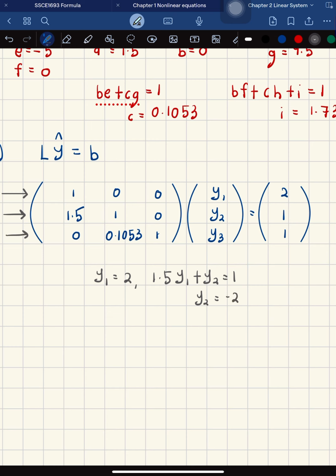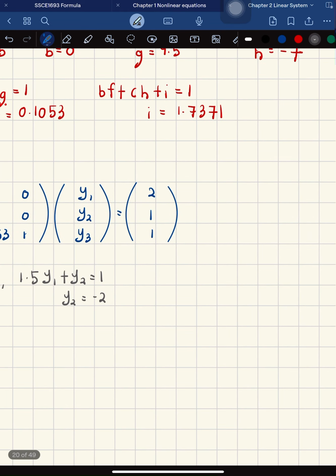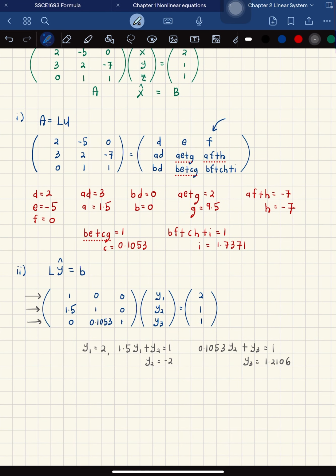And the last row, we have 0.105 Y2 plus Y3 equal to 1. So Y3 is equal to 1 minus 0.1053 times Y2, which is 1.2106.